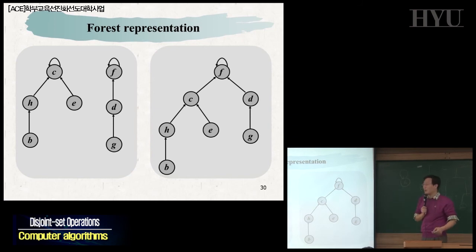Okay, can you explain the union operation? I don't think it is difficult. So, yes, there are two representatives, but one representative points to the other representative. Then done. That's all. That's union.